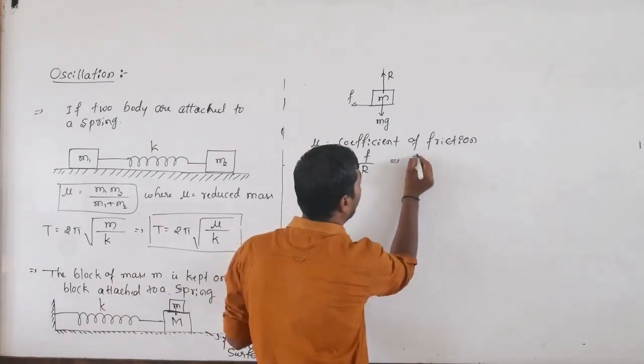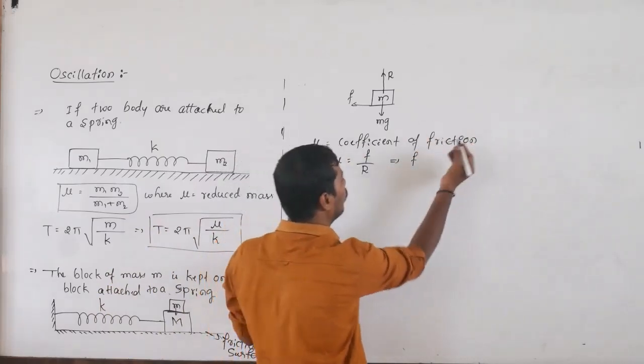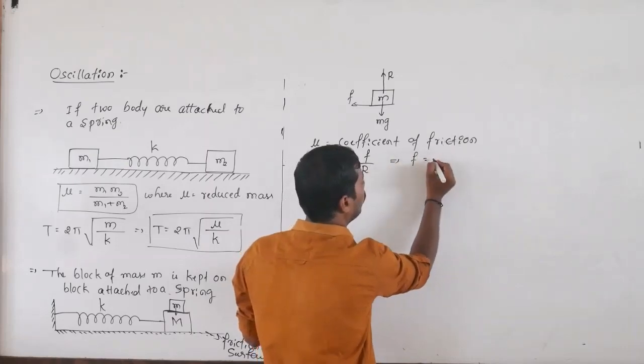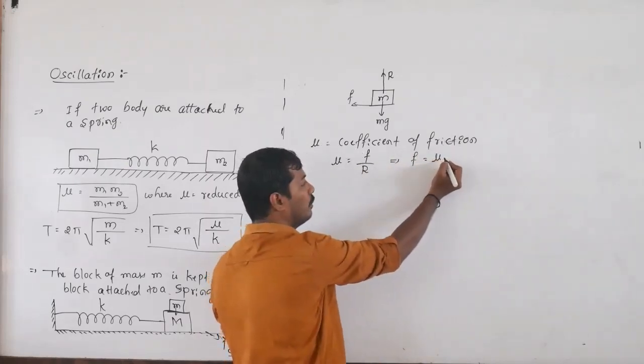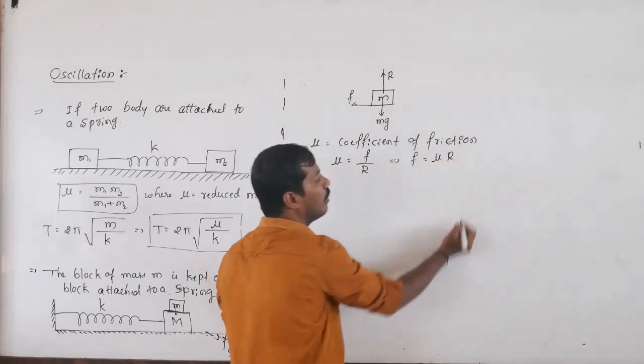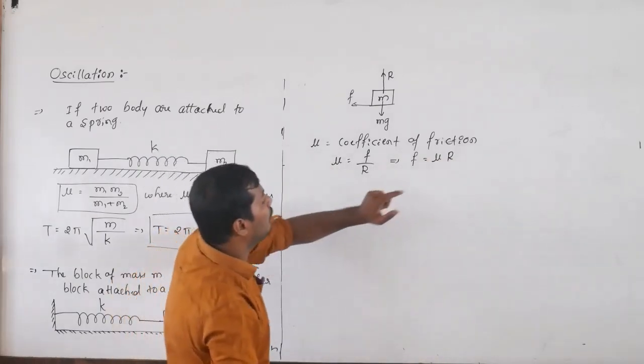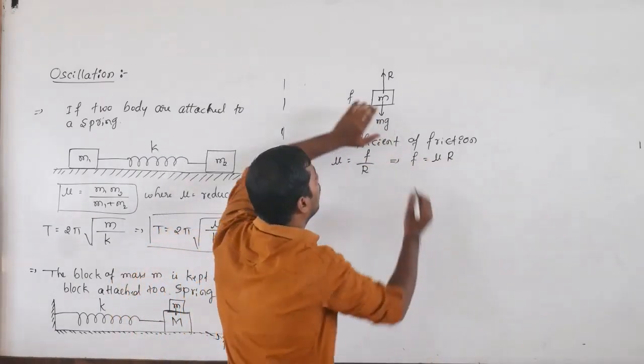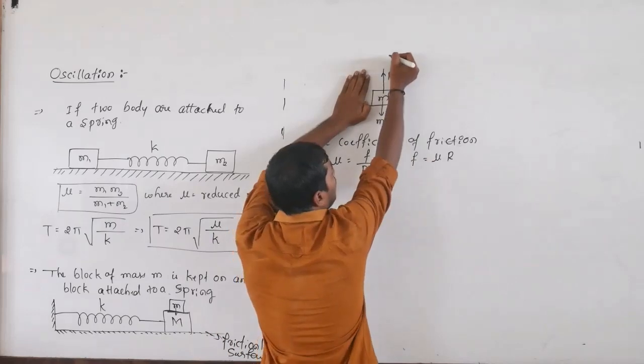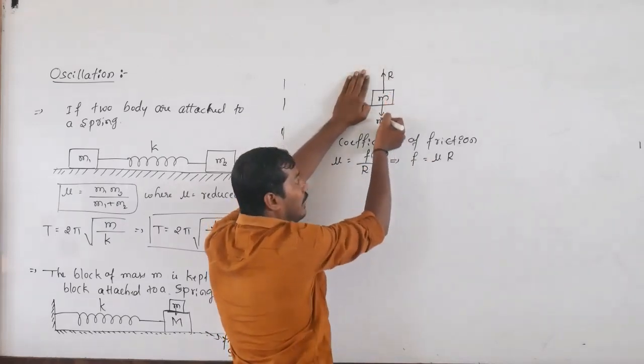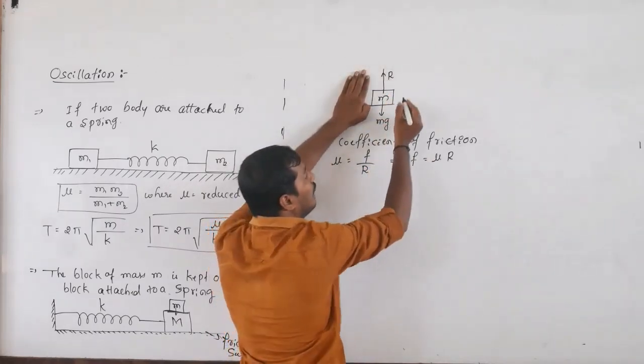Then this frictional force is equal to mu times the normal reaction R. Here the normal reaction is upwards, and in downward direction the mg is there.